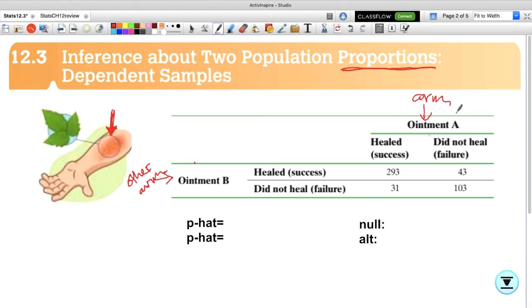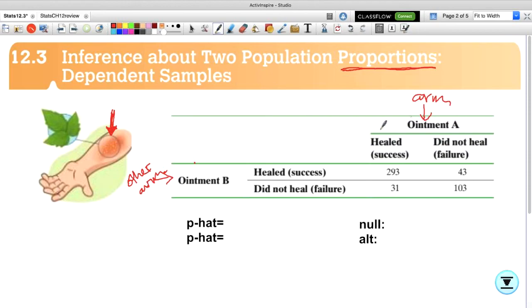So if ointment A worked but ointment B didn't work, then we could say you don't have to worry about whether that person just reacted differently. They're the same exact person. So that's kind of the idea of this, okay? In this dependent sample, they're the same people, so it takes care of a lurking variable potentially.